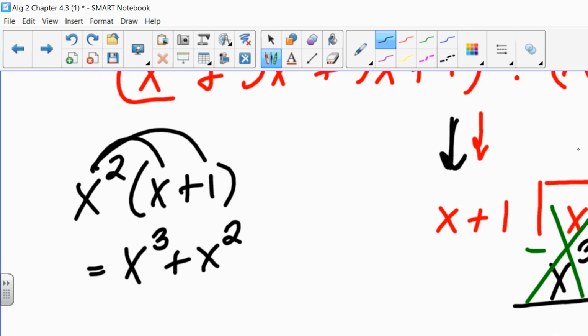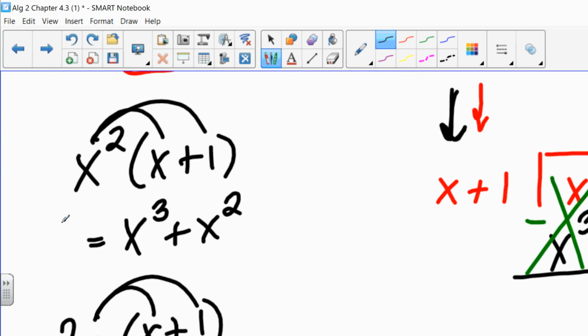Because we want the first term. We want to eliminate the first term. So now we'll do 2x times x plus 1. So let's multiply these here. So we would do 2x times x, which is 2x squared. 2x times 1 is plus 2x.